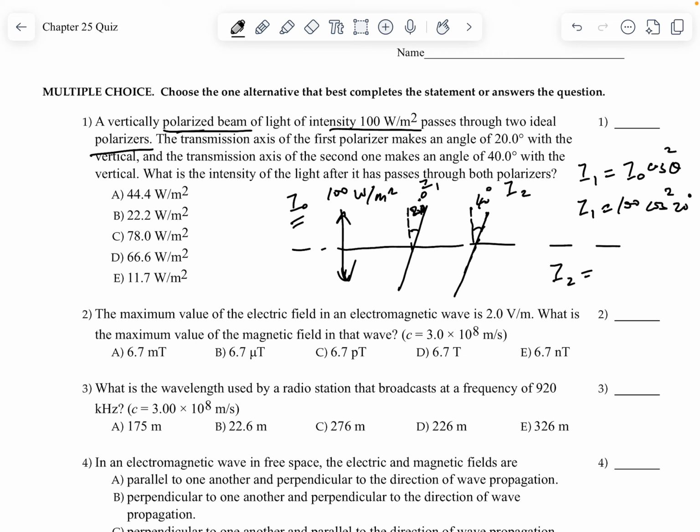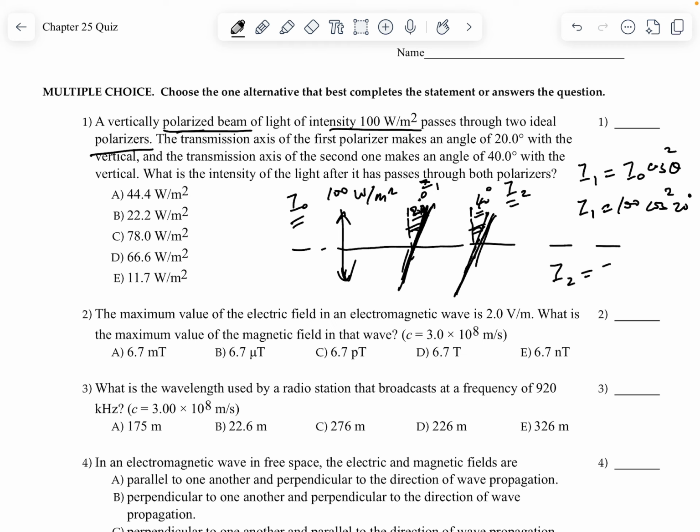So what's I2? I1 then passes through this one. Here the angle between this polarizer and that polarizer will be 20, because this one is 20 from vertical and that one is 40 from vertical. So 40 minus 20 is 20.